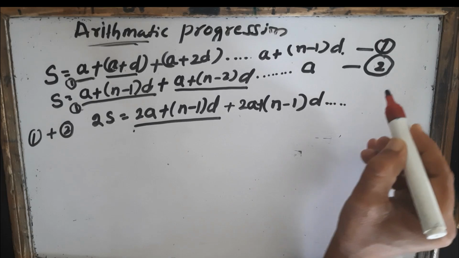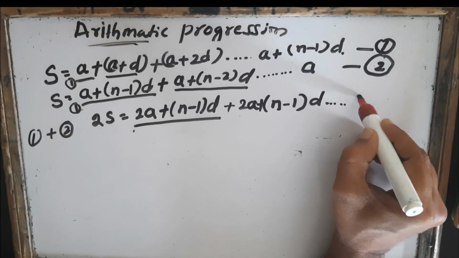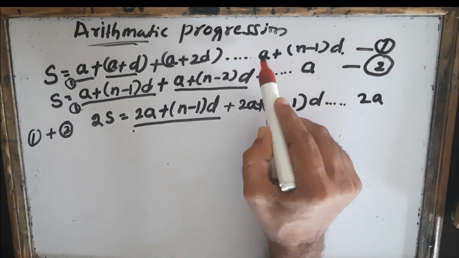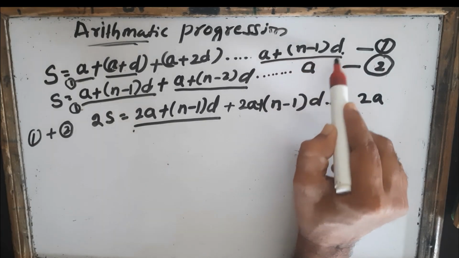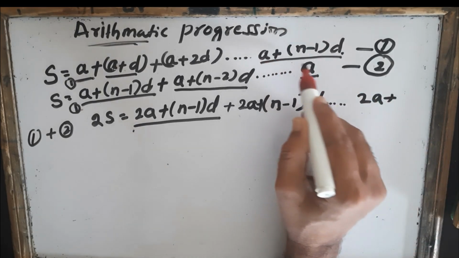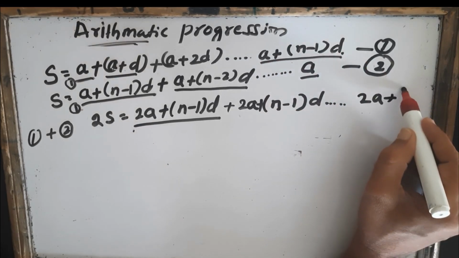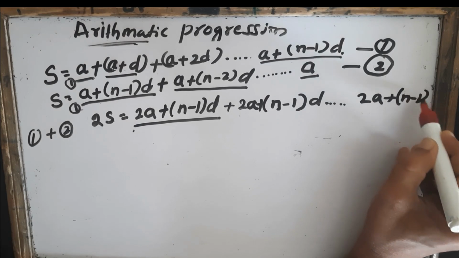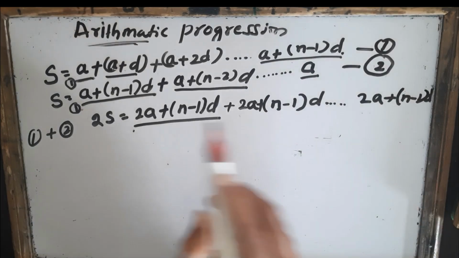So like this it will go on till the last element. If you add the last element here and the last element, a plus a, 2a, plus (n minus 1) into d.